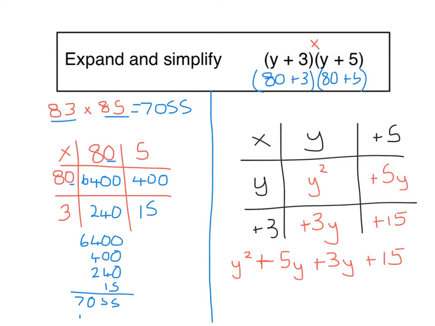Remember, you need to include the sign that's in the front. So I'm just going to put the squares around my y's. So those can come together. Positive 5y, add 3y is positive 8y. So altogether I will have y squared plus 8y plus 15. And there's my answer.